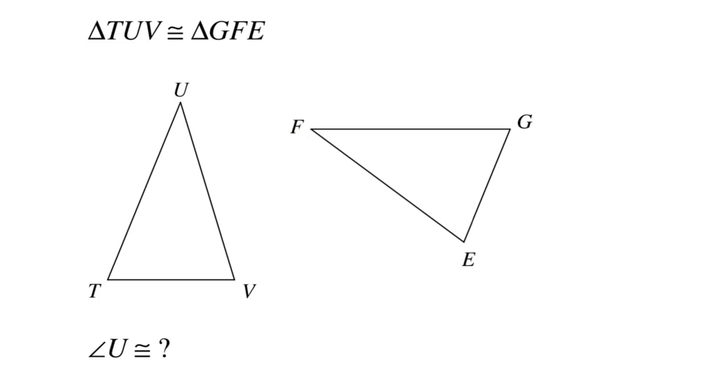U and F would be the same because they're both the second letter. And then V and E are the same because they're both the last letter. So the question asks, angle U is congruent to question mark. Angle U would be congruent to angle F because U's in the middle and F's in the middle.